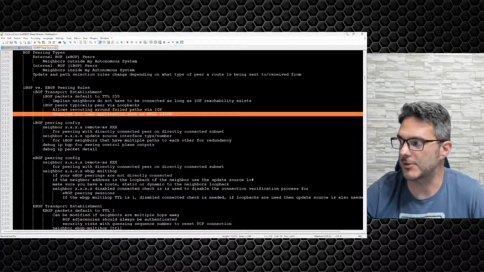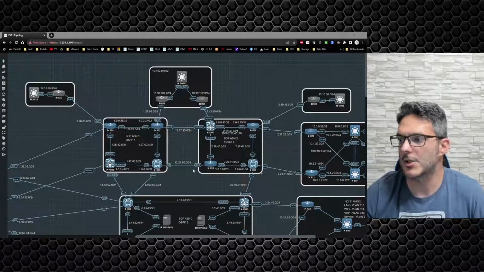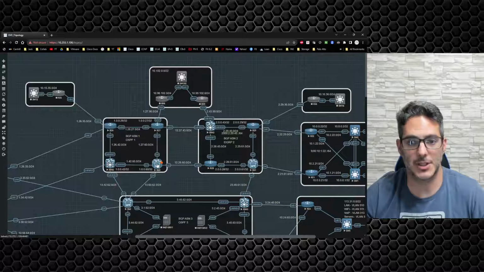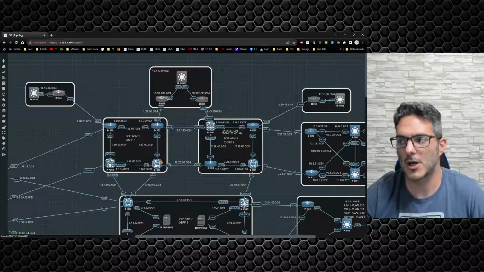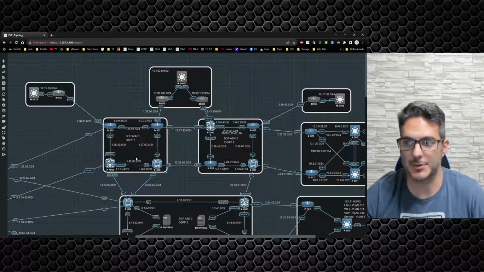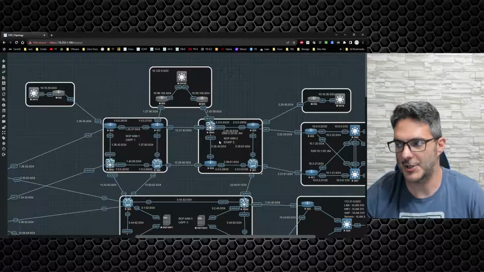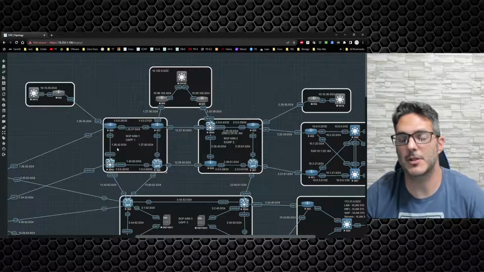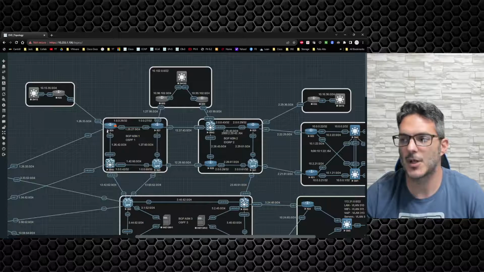And I'm going to actually show you the topology real quick. So let's say, for example, that I want to peer between R26 and R27, or between R26 and R60, because remember, we can peer to non-directly connected neighbors as long as we have IGP reachability, which we do. We have EIGRP and OSPF both stood up. Basic implementations at this point in the series, but they're both stood up.